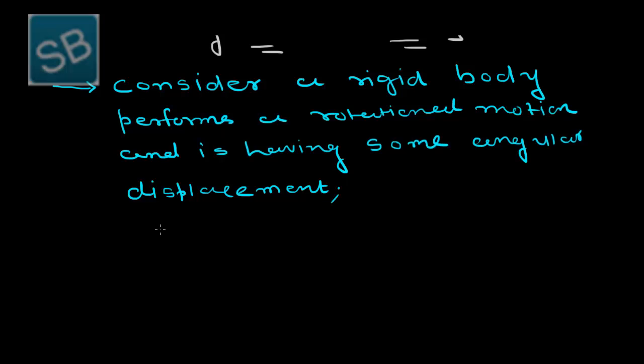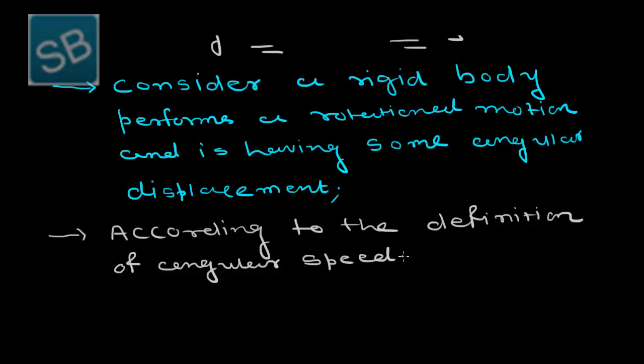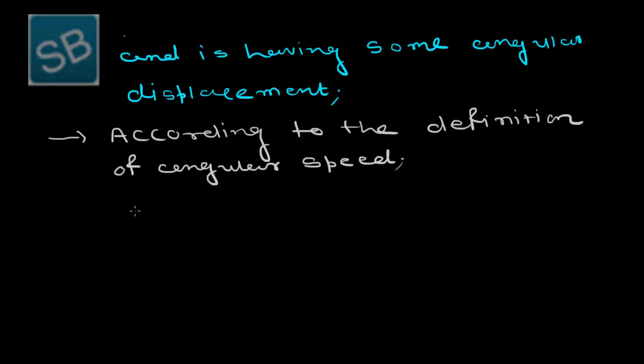So, according to the definition of angular speed, we have one equation for omega, in which this omega refers to angular speed and is given by the angular displacement.